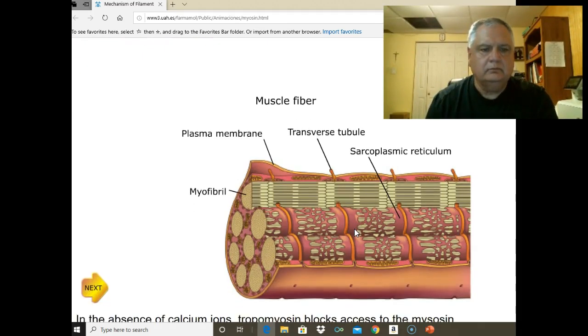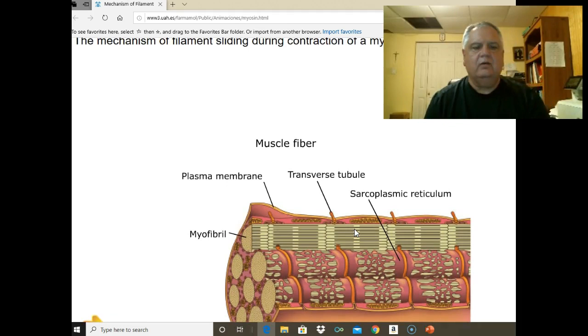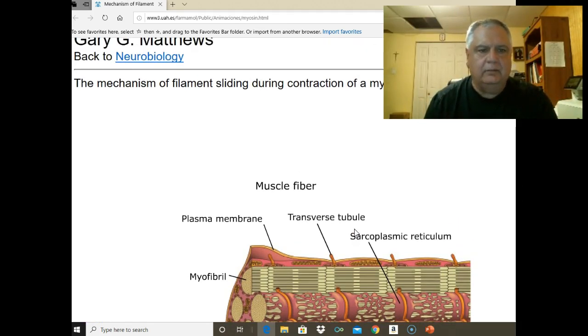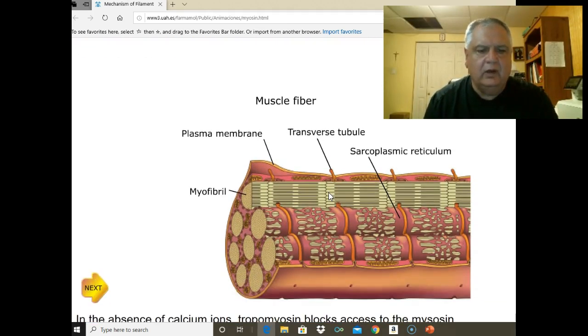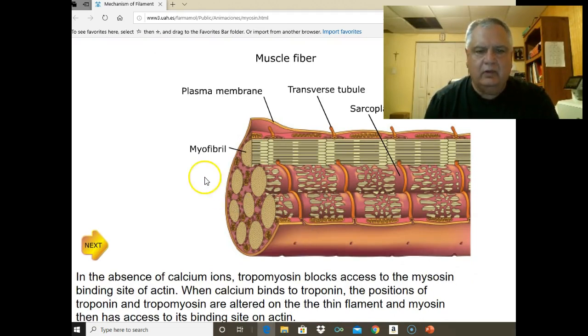There it comes. So this is a diagram that's going to represent an animation of how the sliding filament hypothesis occurs and give us more detail on things. So let's orient ourselves. This is a muscle fiber, a muscle cell within a muscle proper, right? Inside the muscle fiber, there are canisters called myofibrils.